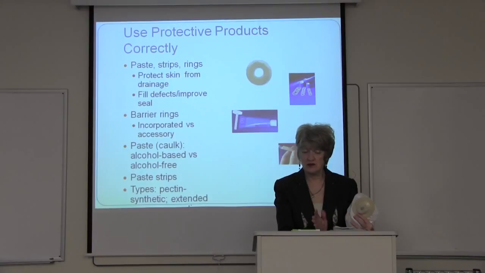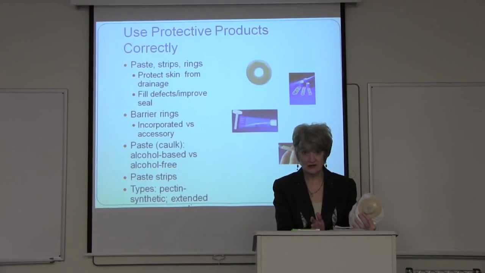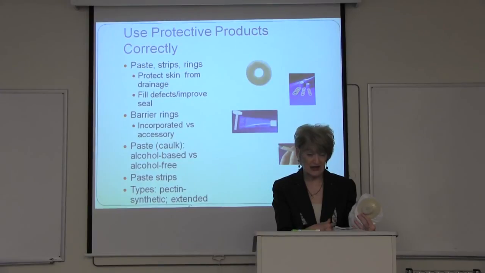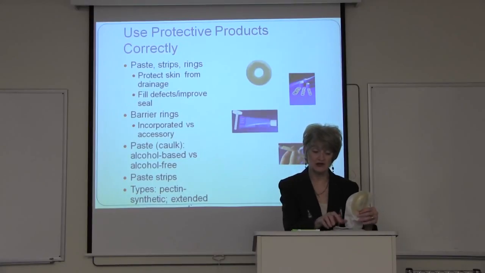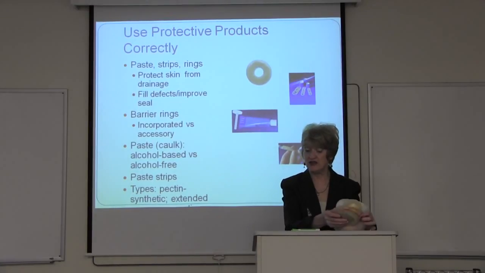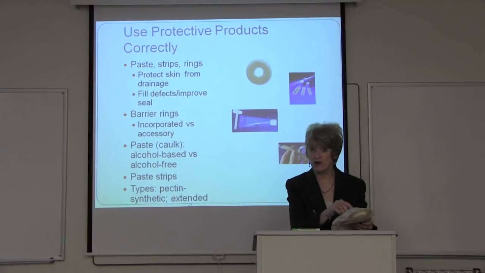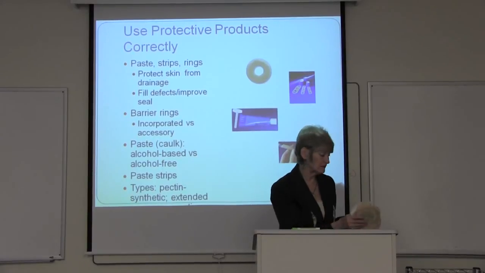Pectin, gelatin, carboxymethylcellulose allergies are rare. But as the ostomy specialist, we need to know that there are products out there that we can use should we have a patient who develops an allergy. So right now I'm just mentioning that to you. We will go over that with you again when you come on site.